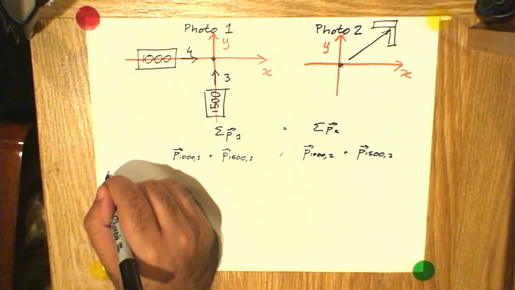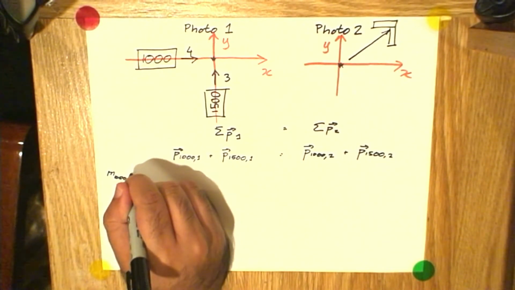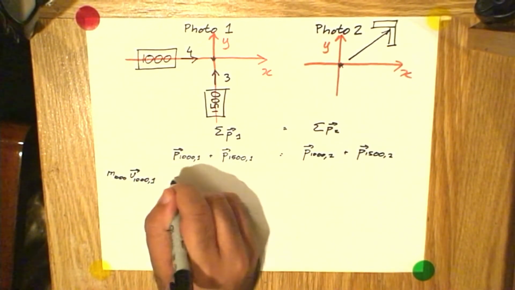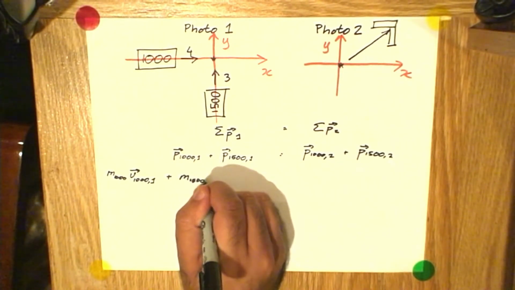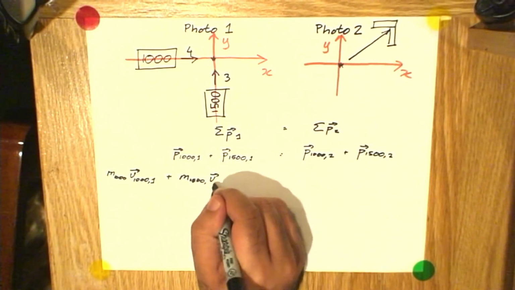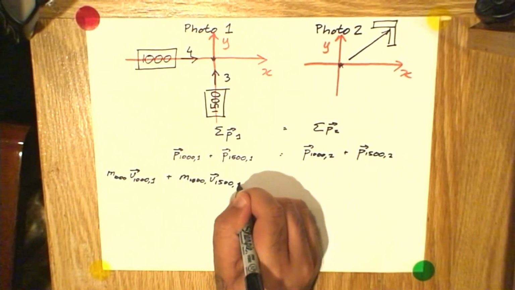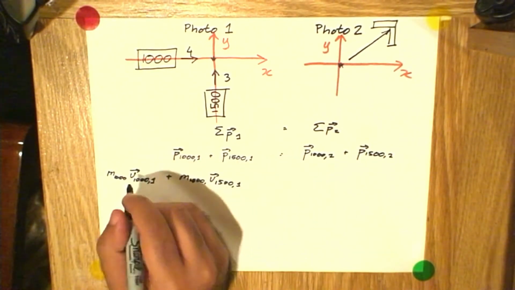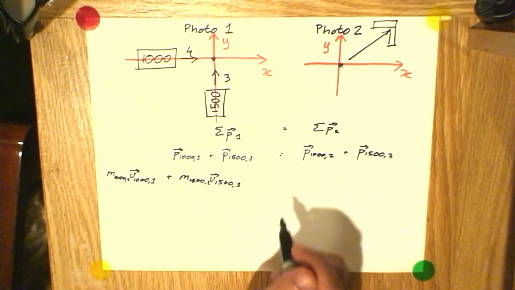Now, let's expand this by using the definition of momentum. Momentum is mass times velocity. So the mass of the 1,000 kilogram car times the velocity of the 1,000 kilogram car in photo 1 plus the mass of the 1,500 kilogram car times the velocity of the 1,500 kilogram car in photo 1. I suppose if I really wanted to be rigorous about it, I'd put the ones in the subscript for the mass as well.